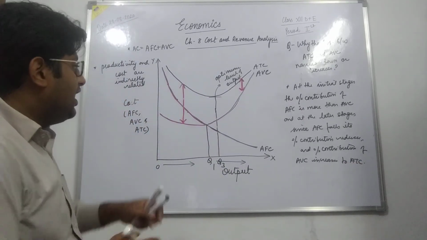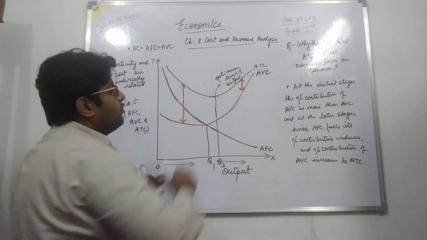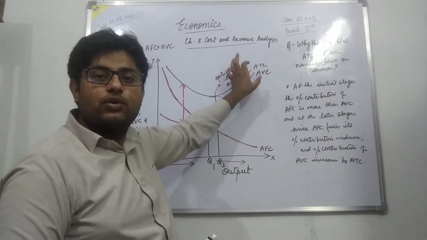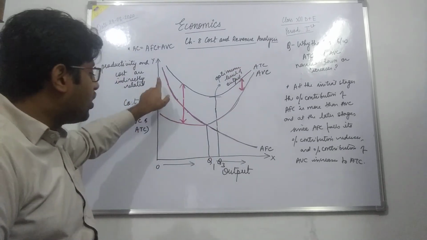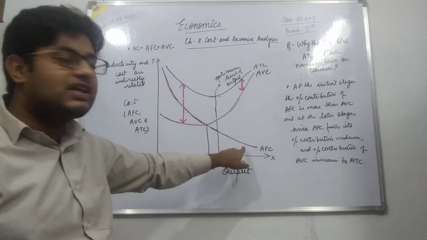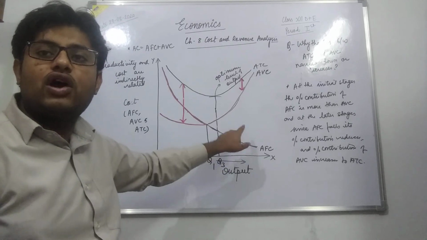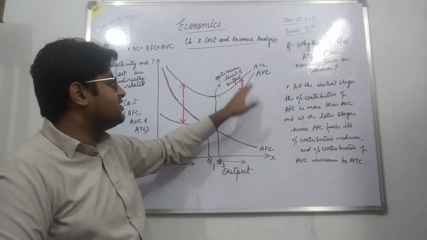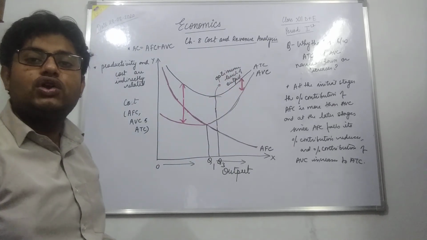That is why the difference between the average total cost and average variable cost is continuously narrowing down. It is decreasing because your average fixed cost is continuously falling and the contribution of average variable cost is increasing in the average total cost.